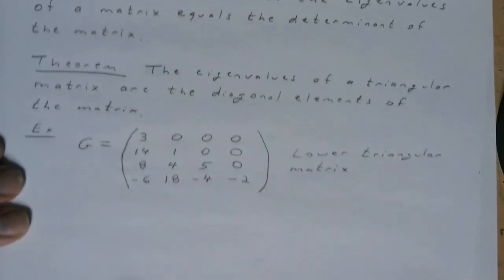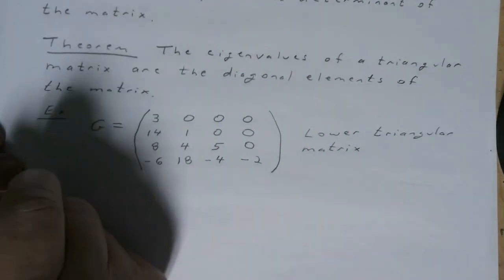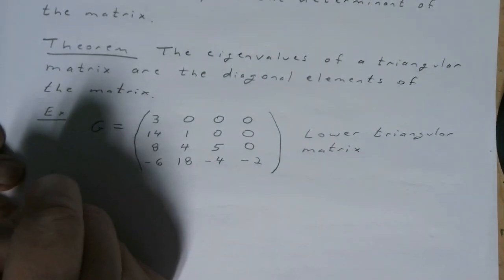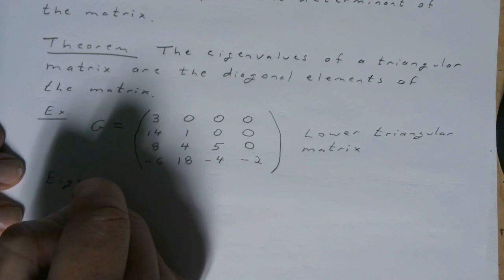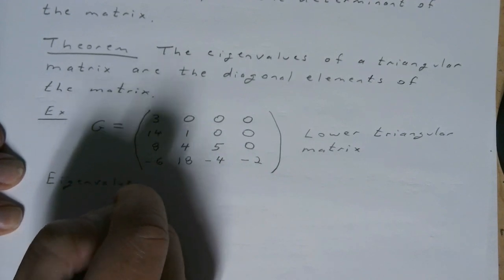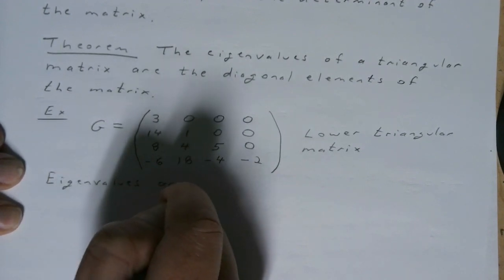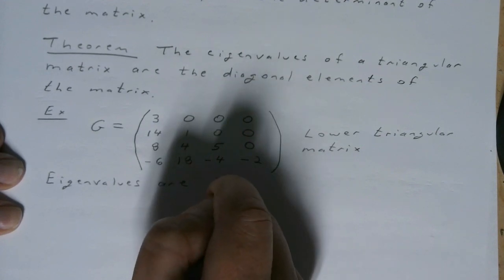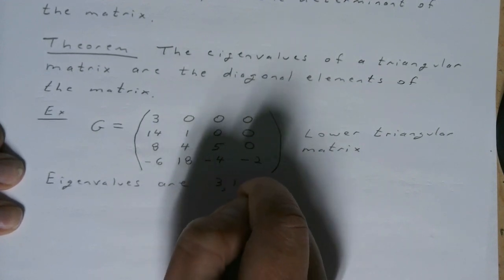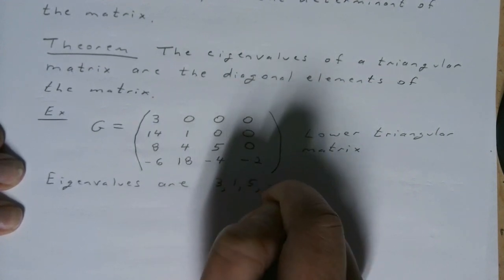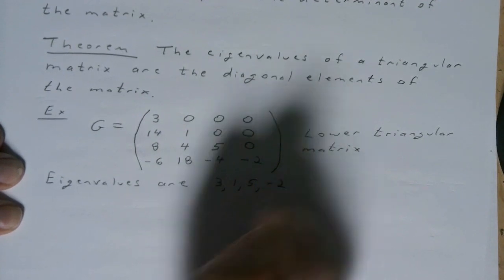Like this. So the eigenvalues are 3, 1, 5, minus 2.